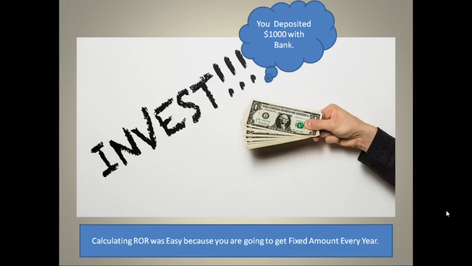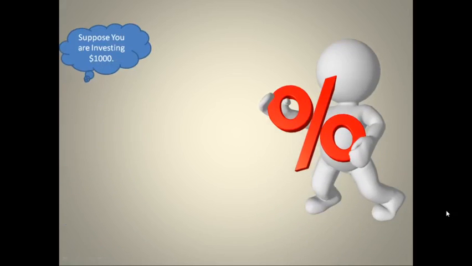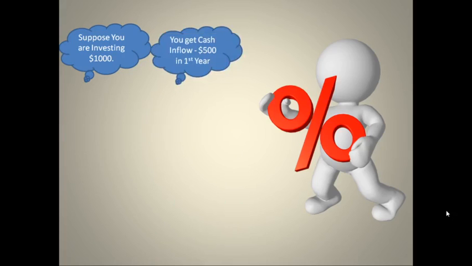But now I twist the situation and keep the question in front of you in a different manner. Suppose you are investing $1,000, and at the end of the first year you are getting a cash inflow of $500, and at the end of the third year you are getting a cash inflow of $600. So $1,000 you have invested, after one year you get $500, and after the third year you get $600.